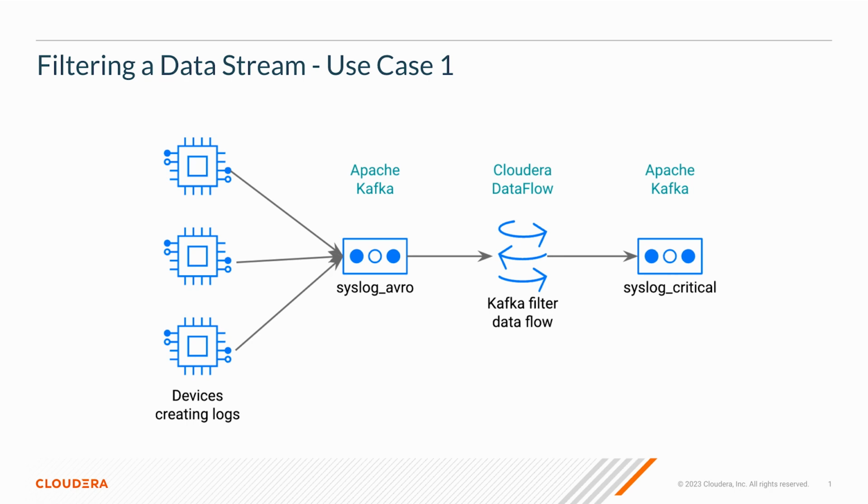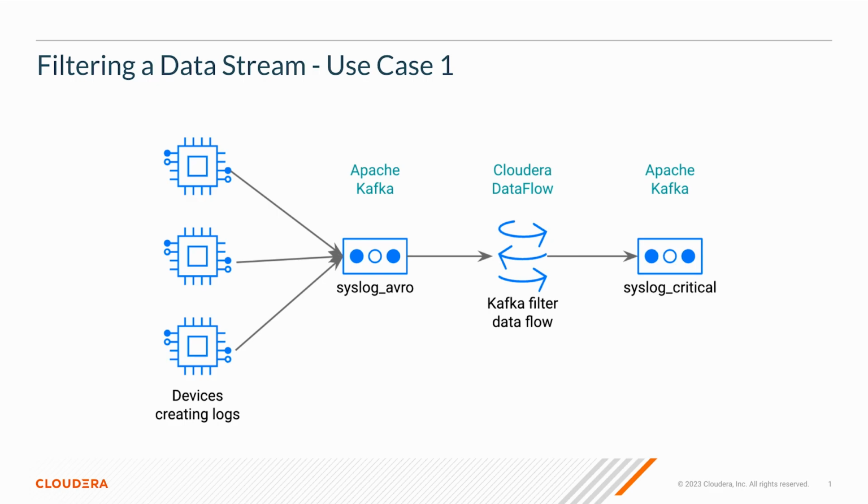We want to filter out critical syslog events from that huge stream of data and make them available in a new topic for some operational dashboarding needs, where we really only want to look at the critical events. So we're going to build a flow that reads these syslog events and writes them after filtering out the critical events.